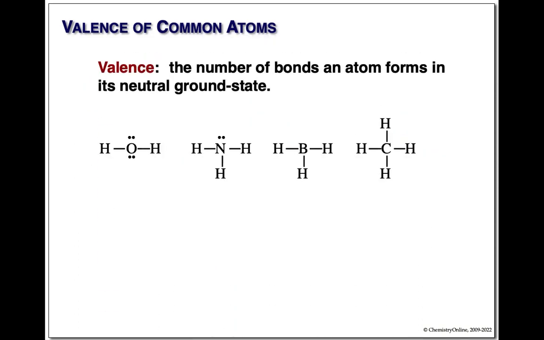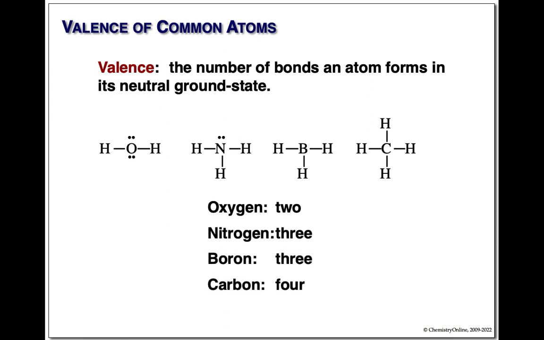Let's address the concept of valence. Number of bonds an atom typically forms in its ground state. For oxygen, that's water, we form 2. We have 2 unshared pairs of electrons. Nitrogen, we form 3. Boron also has 3, but remember, it does not have an unshared pair.